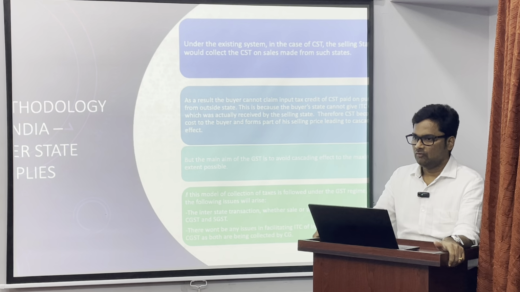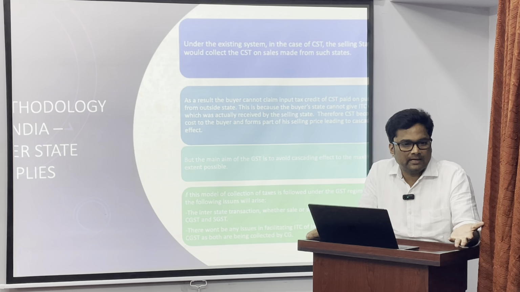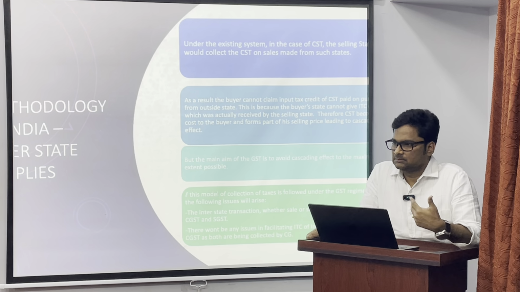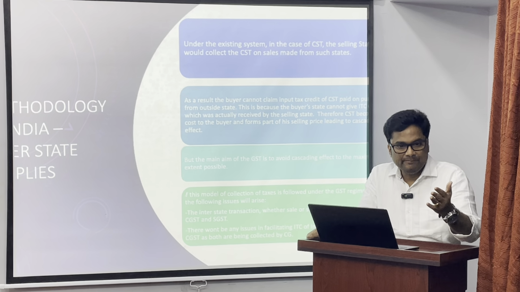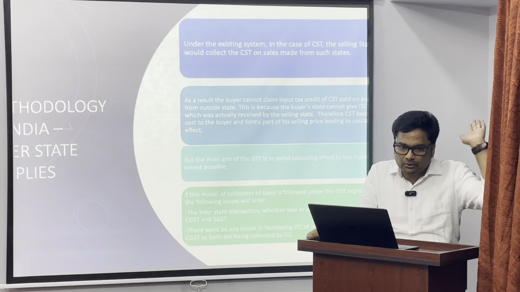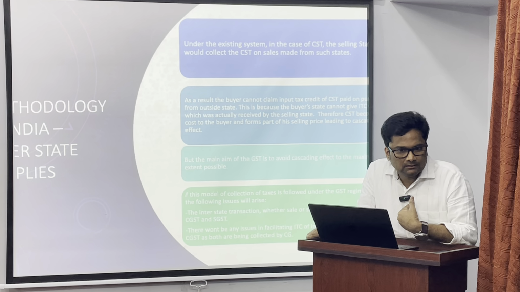You understand? When I give a loan to X, I can only ask X. X only can give me. Can Y give me? No. It is like that. Now the Telangana government will ask B, boss, you paid your input CST to a person in Andhra who paid it to the Andhra government, and you are asking me to give input tax credit?